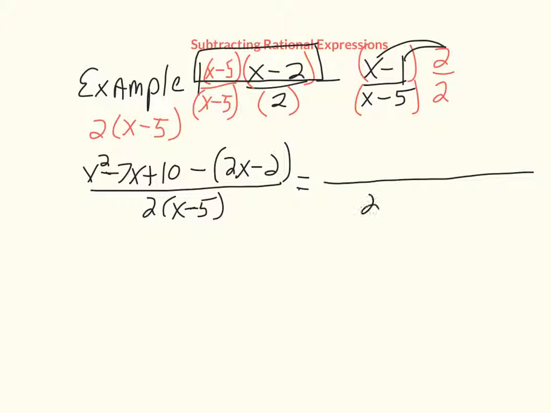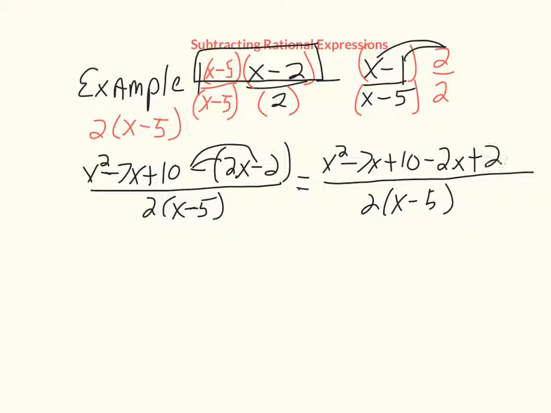So my denominator hasn't changed. For my numerator, I now have this x squared minus 7x plus 10, and I have to subtract my 2x minus 2. So that's going to be minus 2x, and now I have to subtract a minus 2, so that's going to be plus 2.